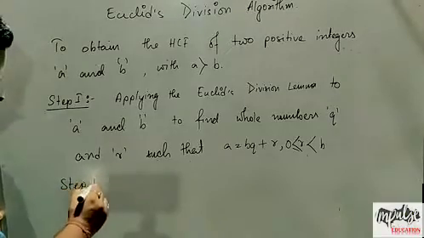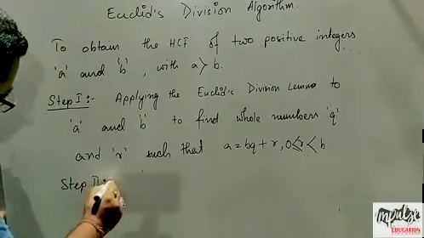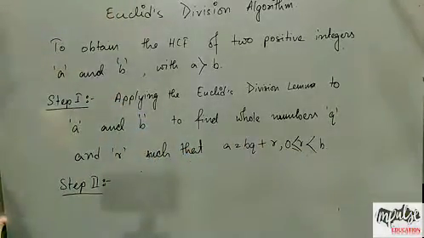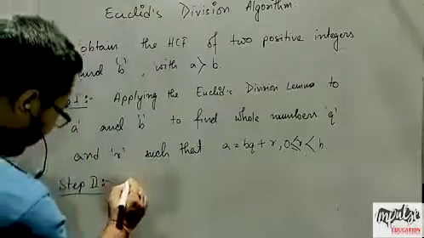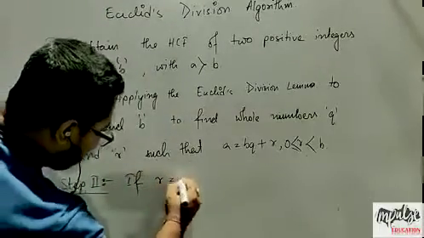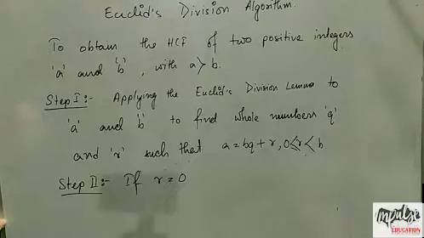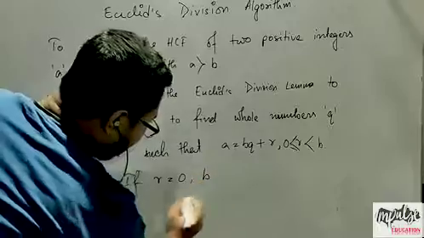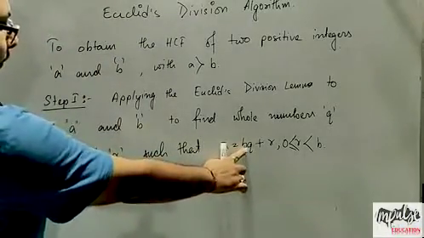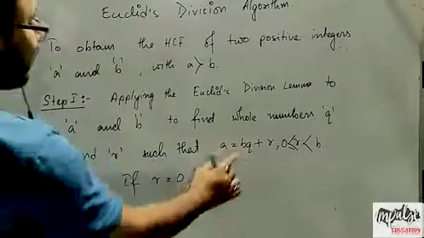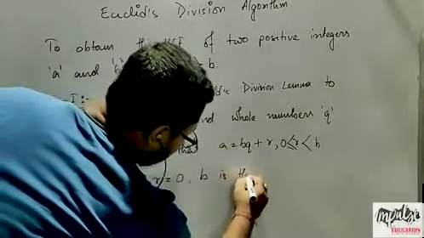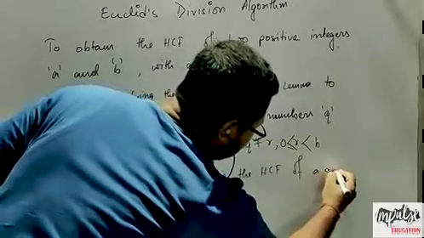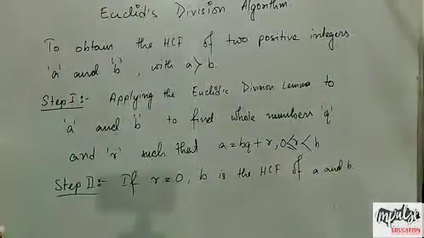Now the second step is a very important step that you must note. The remainder that you have obtained, if this remainder R is equal to 0, then B will be the HCF of A and B. Have you understood?